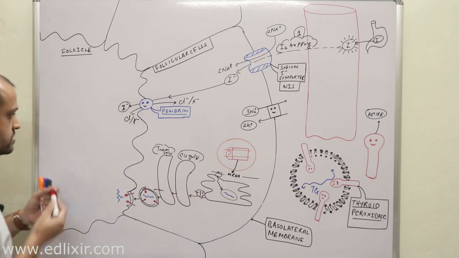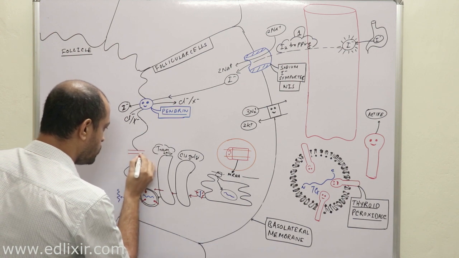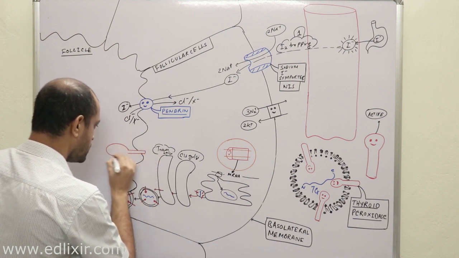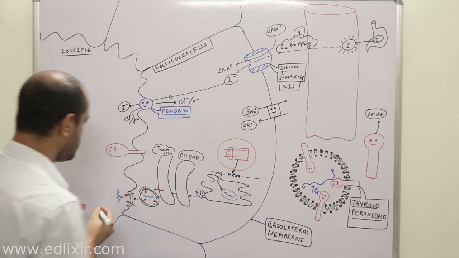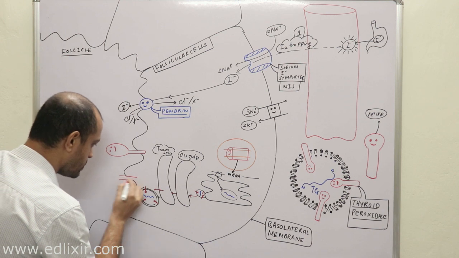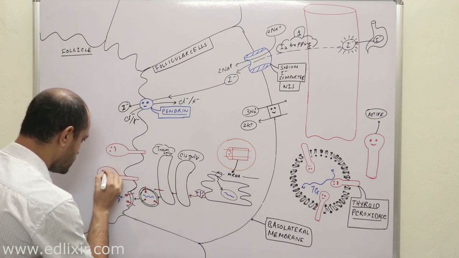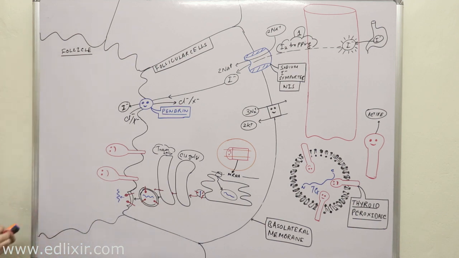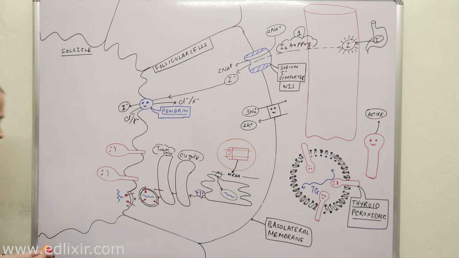That means here we will be getting many more thyroid peroxidase molecules. This is the actual way by which the thyroid peroxidase molecule gets associated with the follicular cell membrane.